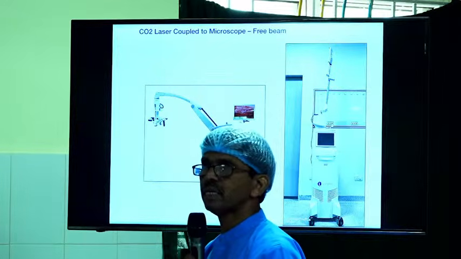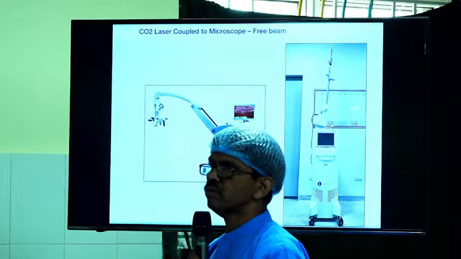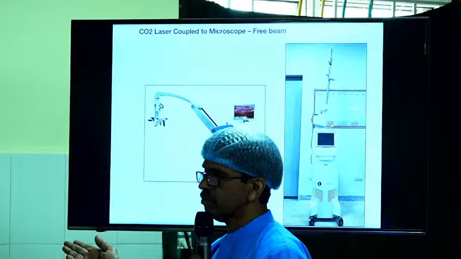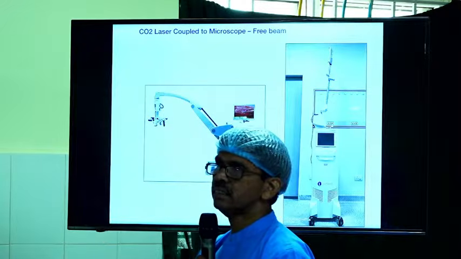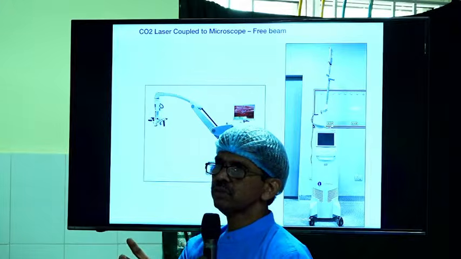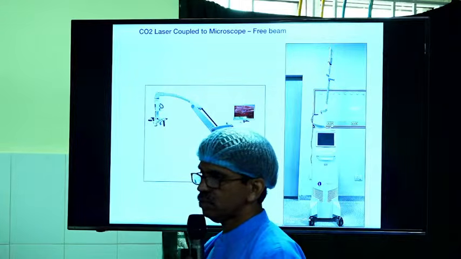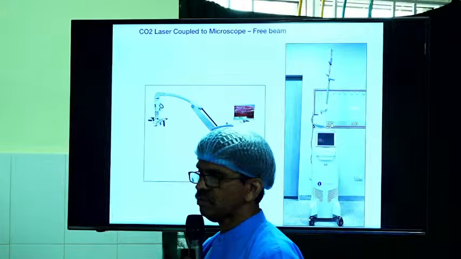Next is the free beam mode, wherein you have a coupler to the microscope, where the laser beam can be scanned through a micro manipulator that gets coupled to the microscope, and you have a scanner in that micro manipulator.